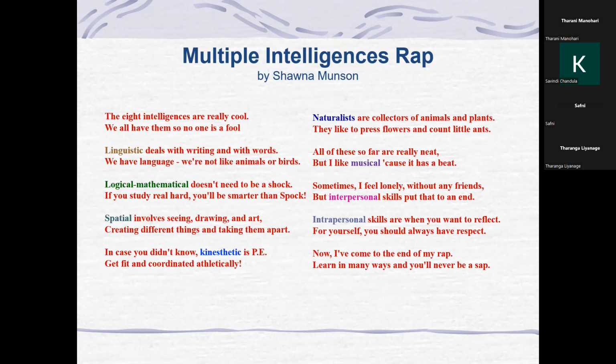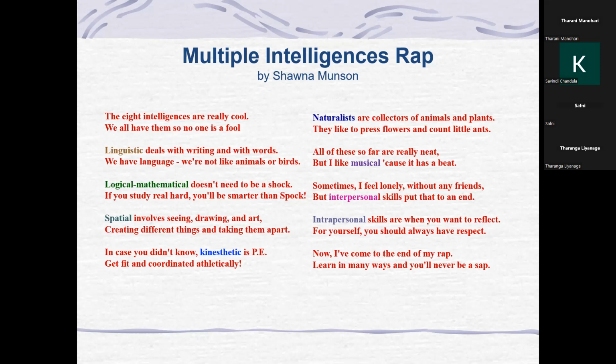So everybody has some kind of linguistic intelligence, but at the same time, there are people who have high linguistic intelligence, right? In the logical mathematical, doesn't need to be a shock. If you study real hard, you will be smarter than Spock, right? So we are following a rhyme, it's a rap, right? Rap song about multiple intelligence theory.